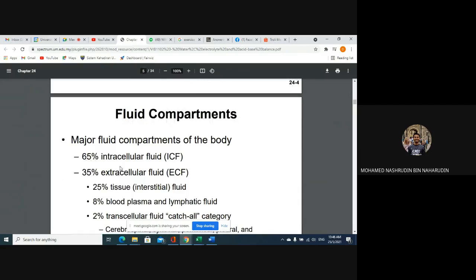65% consists of intracellular fluid, all the cytoplasm sort of things, and then 35% is extracellular fluid, ICF and ECF.